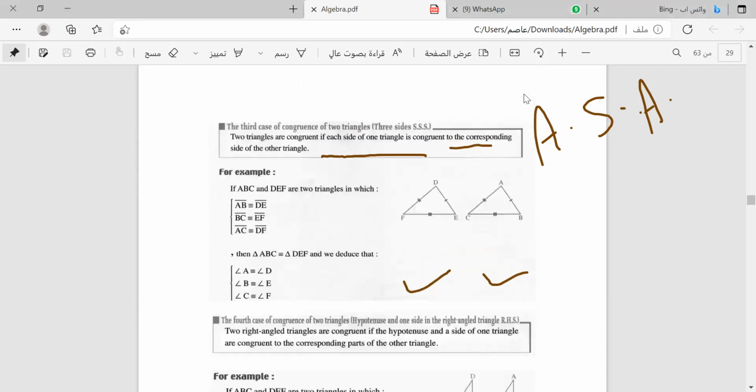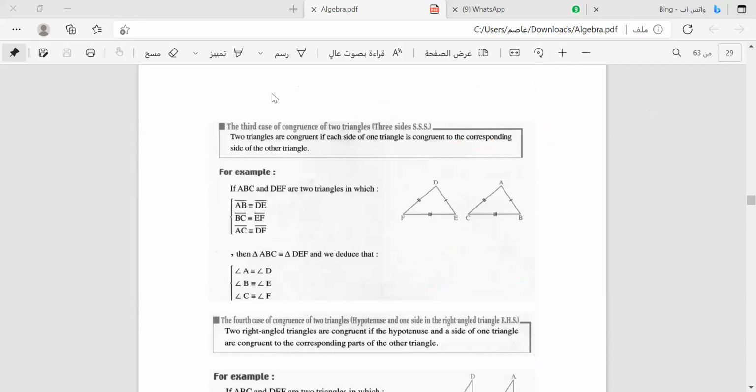The third case, talk about SSS. Two triangles are congruent if each side of one triangle is congruent to the corresponding side of the other triangle. Look at this figure. AB equals DE. AC equals DF.